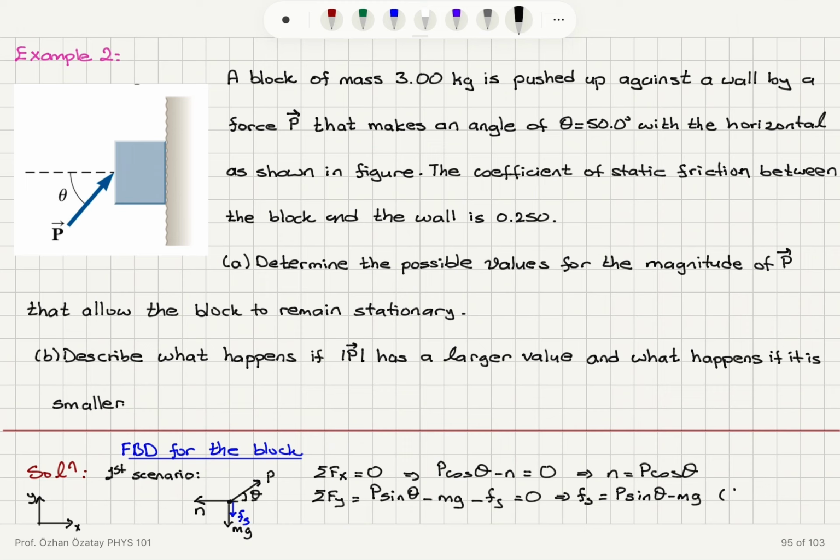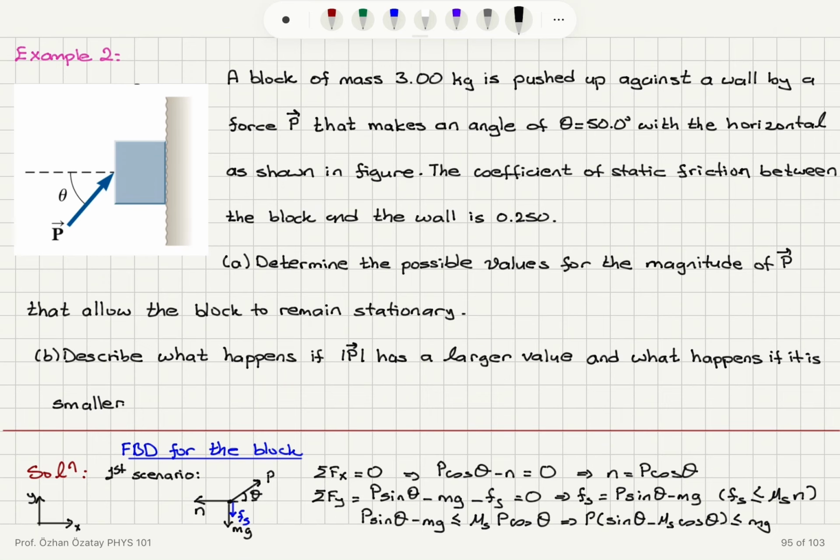And I know that this force has a maximum value. It should be less than or equal to mu s times the normal force. So the friction force that I have found, P sine theta minus mg, should be less than or equal to mu s times the normal force, P cosine theta. That tells me that P times (sine theta minus mu s cosine theta) should be less than or equal to mg.